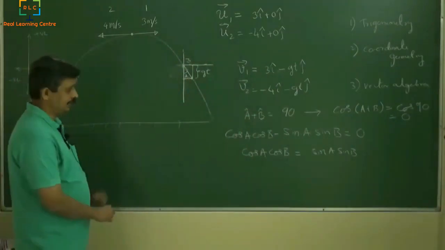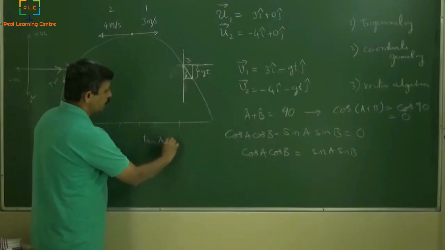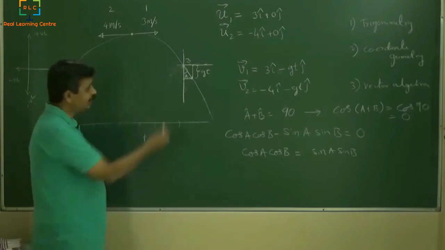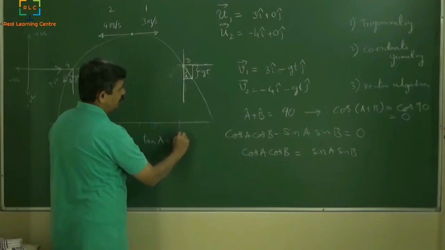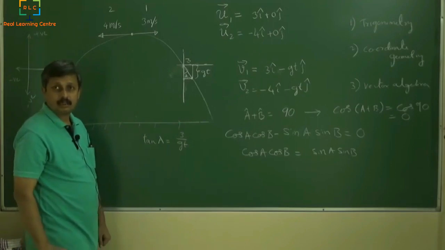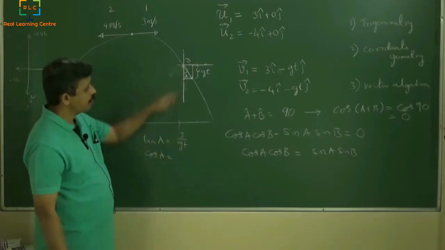Look at this. We know that tan A is equal to, this is a triangle here, you don't have to worry, tan A we wrote as 3 by gt, correct? So cos A you can write now in the same triangle.